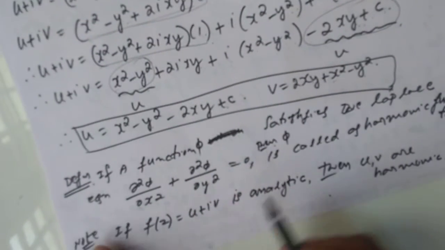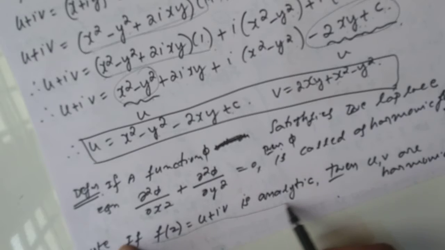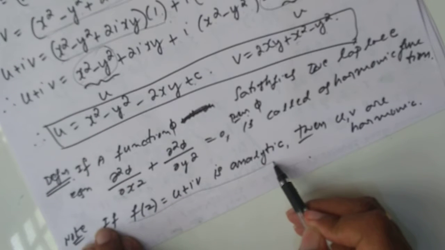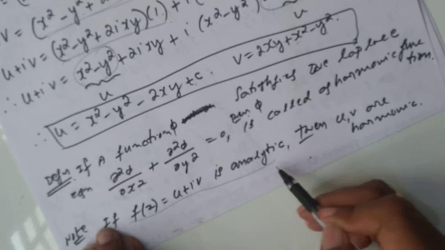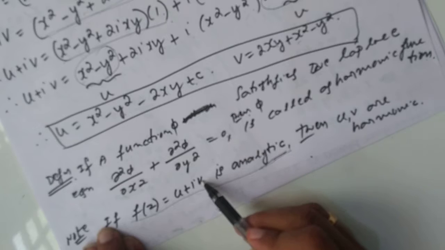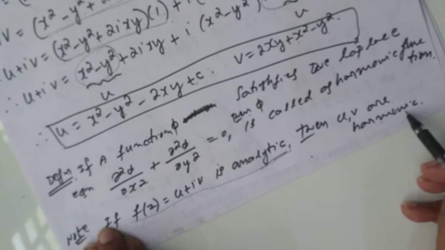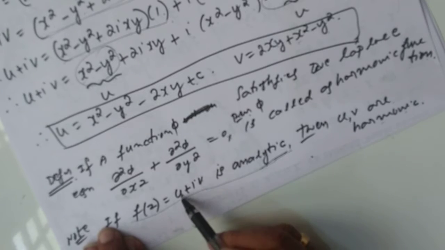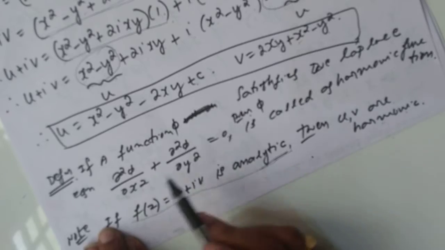And note about this. If f(z) is given to be analytic, then the real part u and the imaginary part v are harmonic functions. That means this u satisfies this equation, v also satisfies this equation.